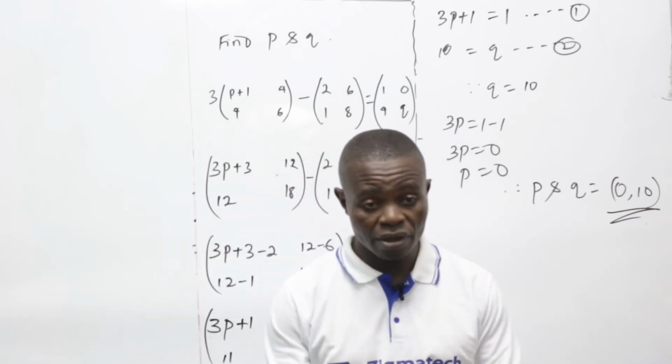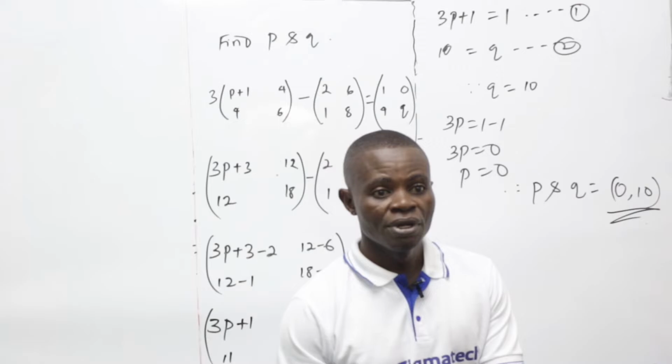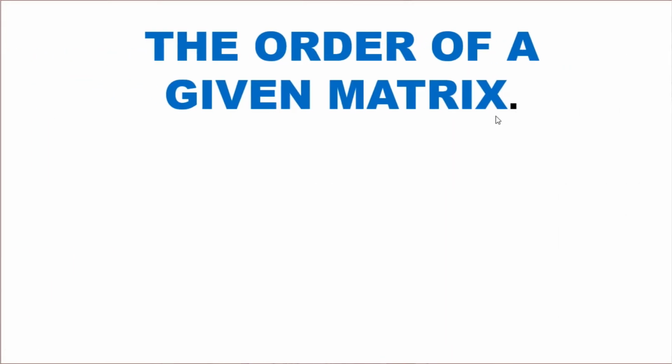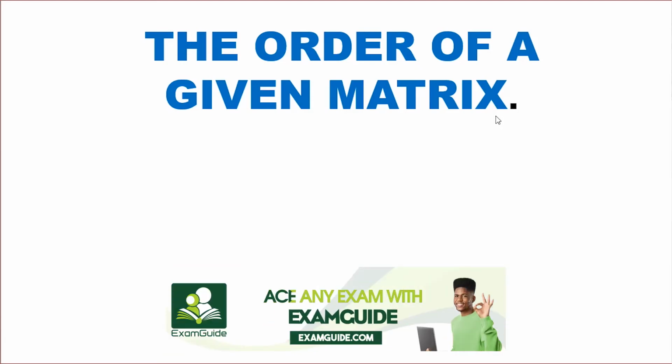Let us look at another thing here, the order of a given matrix. This order of matrix is very important because of multiplication of matrix. When we started from the definition of a matrix, I made you to know that the horizontal axis or the row is called the x-axis, and the vertical, which is the column, is known as what?